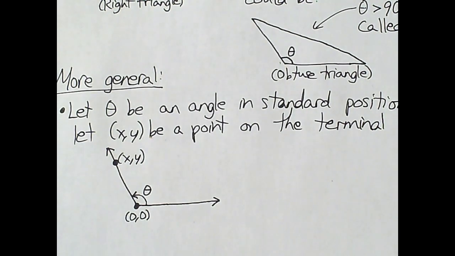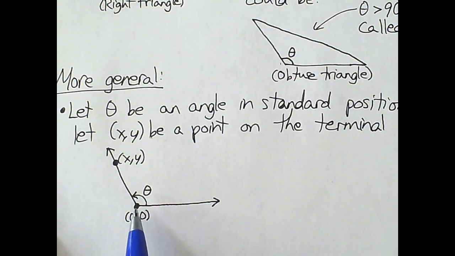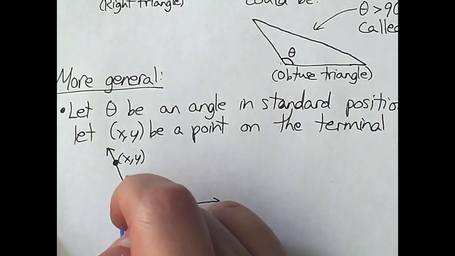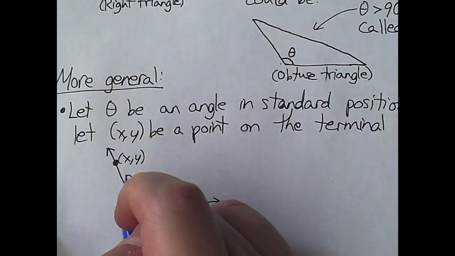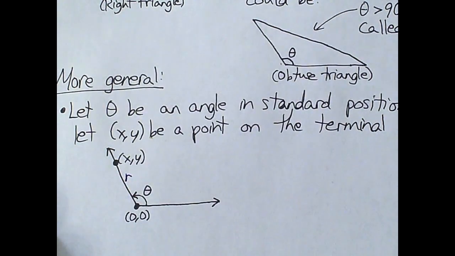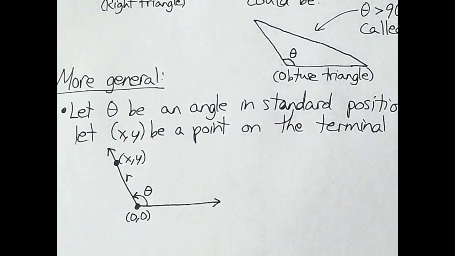I'm going to label some more things on this picture. I'll grab another colored pen here. I'm going to label the distance from 0, 0 to x, y, and I'm going to call it lowercase r. All right? That's the length of that line segment.